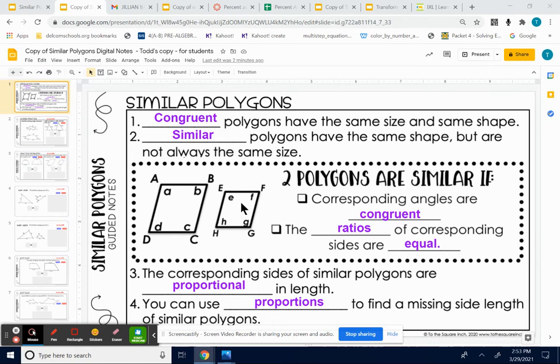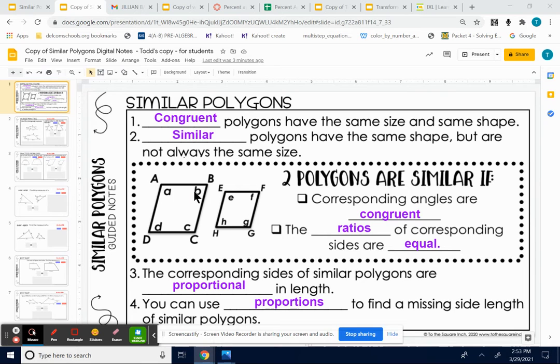I'm just going to give you the gist of what you really need to know. If you have two similar shapes, the important thing is the angles that correspond, the angles that are in the same place, are equal to each other. So like angle A and angle E are equal to each other, because they're in the same place.